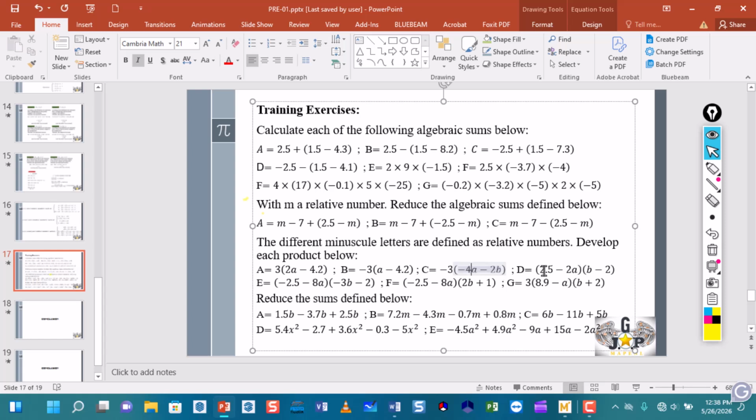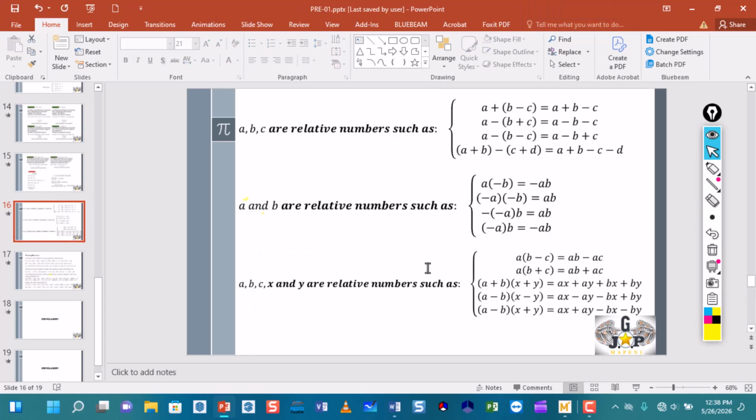So when it comes to D here, if we go back to the formulas, it has to be this one, the factor a minus b multiplied by the factor x minus y, which is a times x minus a times y minus b times x plus b times y.